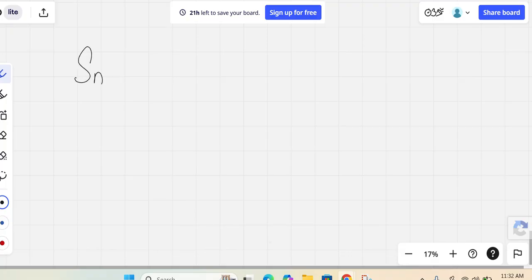Sum of n terms is equal to what? N by 2 bracket. Ma'am, I don't think we did this.